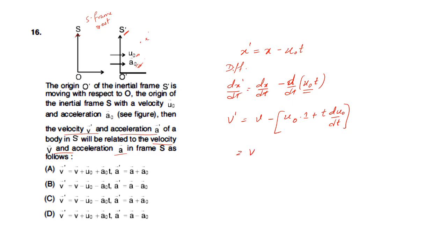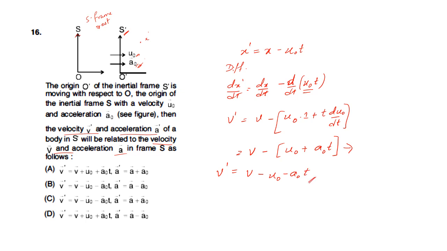That is v minus u naught plus, here du naught by dt is nothing but a naught, t. Therefore v prime is v minus u naught minus a naught t.